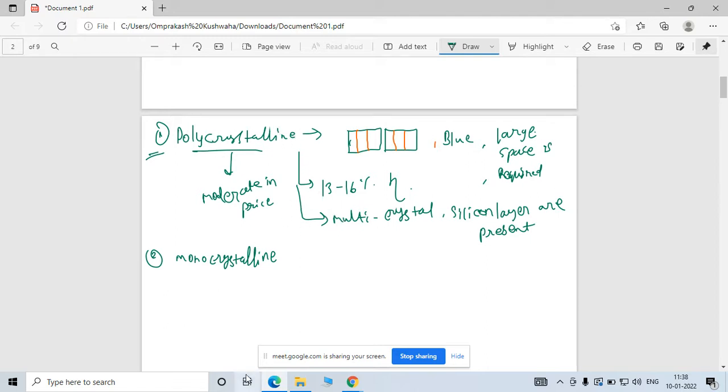Now this monocrystalline structure looks like this, in an octagonal shape, right? Just like that. The total number of sides is 8 for this monocrystalline structure.